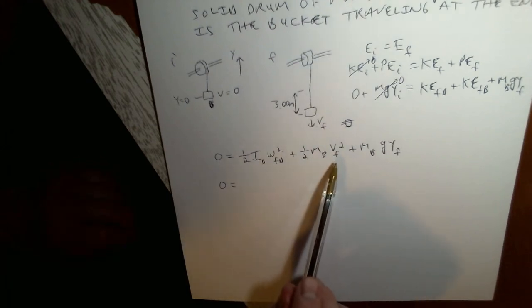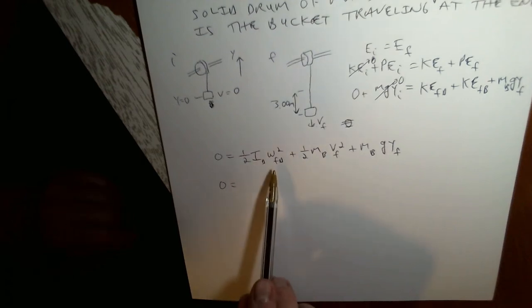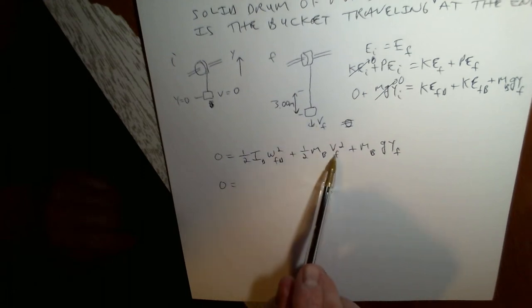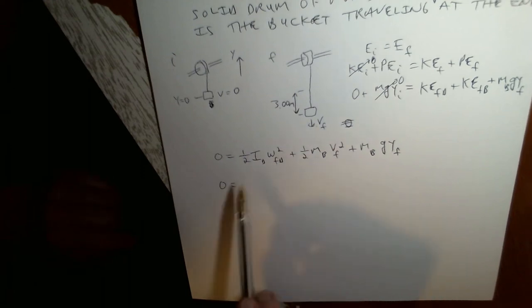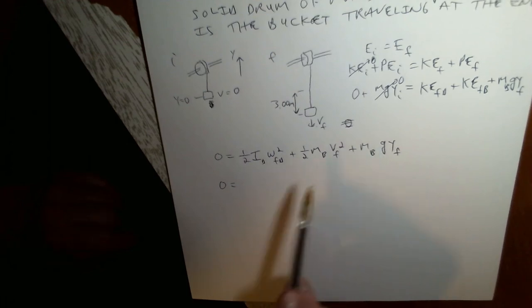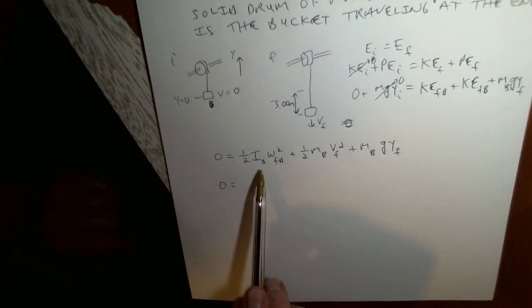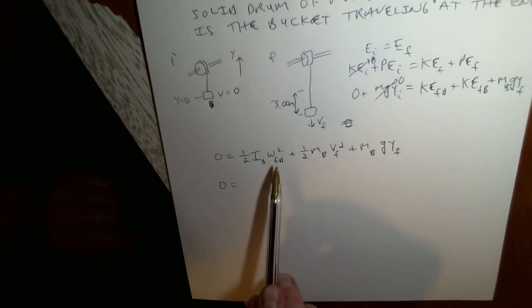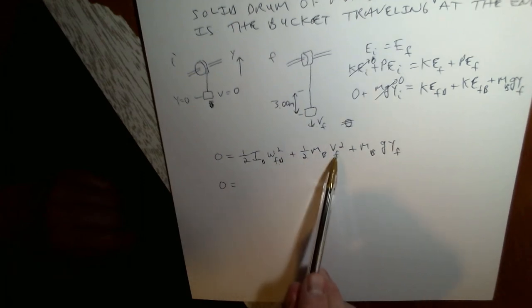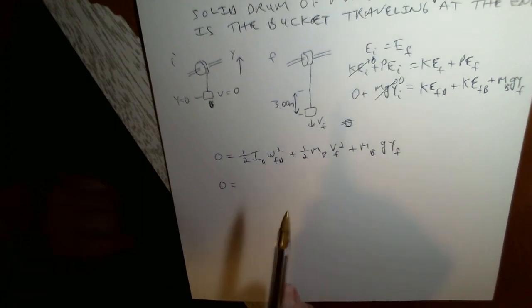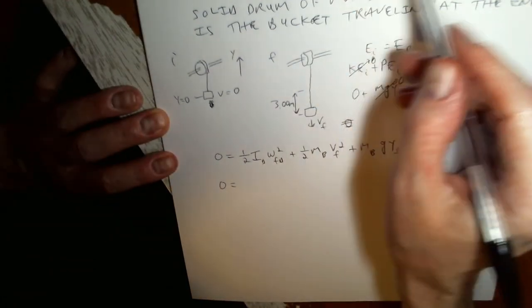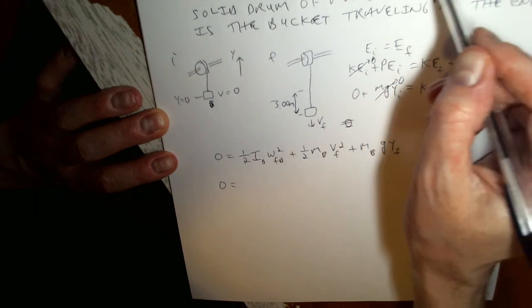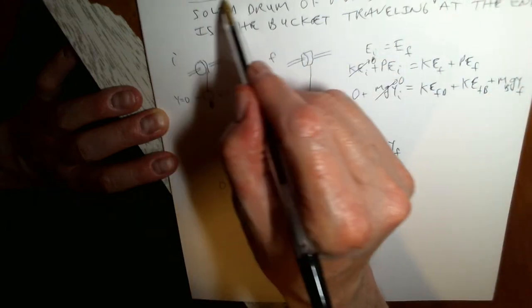I want to solve for the linear velocity, but I have a second variable in here that I need to replace with something in terms of the linear velocity if I'm going to solve for the linear velocity, because I can't solve one equation for two unknowns. So I need to replace omega final of the drum with something in terms of v final. And that's where I use this fact that the rope unwinds without slipping.